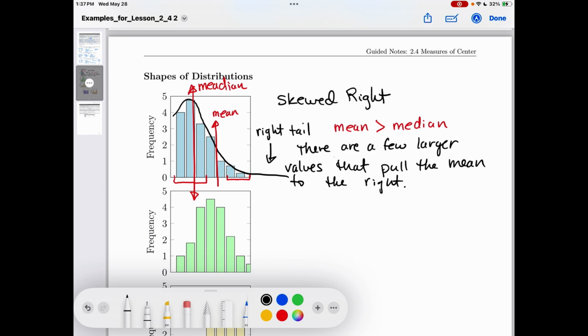So when you have a few higher values, it's going to make your average come up a little bit. So instead of your average being around 75, your average might be in the 80s. Those few extreme values are going to pull your average up. And that's why when we have a skewed right distribution, the mean is going to be a little bit bigger than the median. Whoops, I just noticed I spelled that wrong.